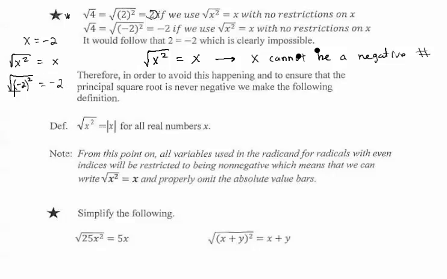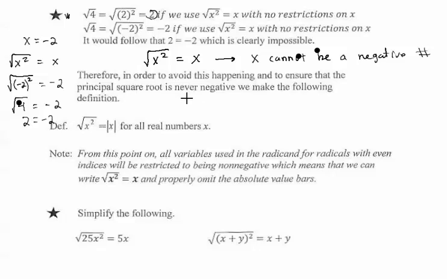Alright, the left side, negative 2 squared, ends up being a positive 4. But now the right side is still a negative 2. There's nothing that we can do about that. And basically what we're saying here is that 2 equals a negative 2, because this radical is referring only to the principal square root.